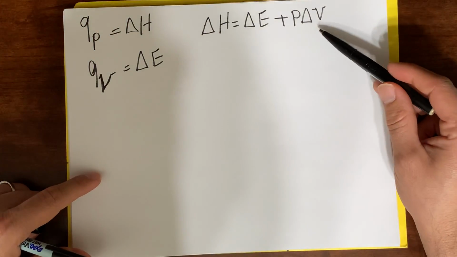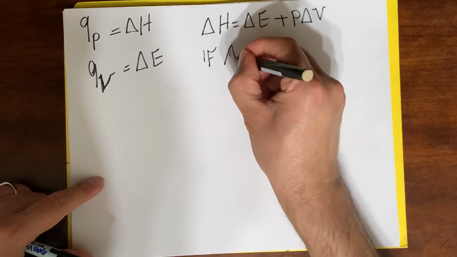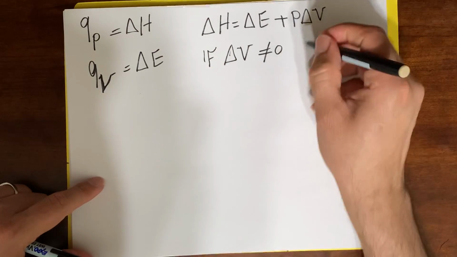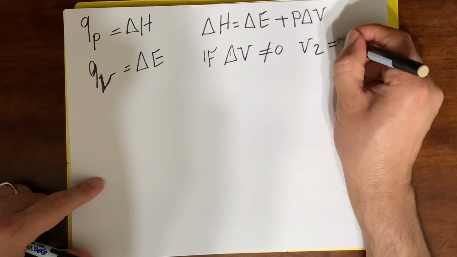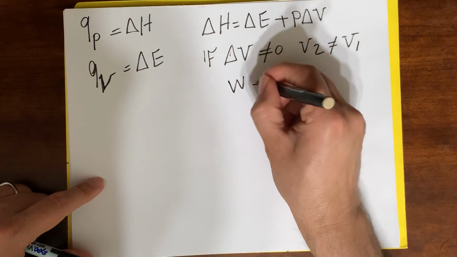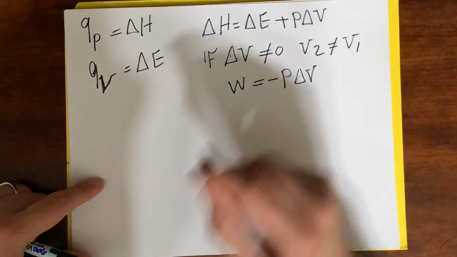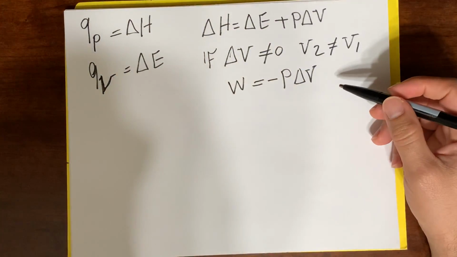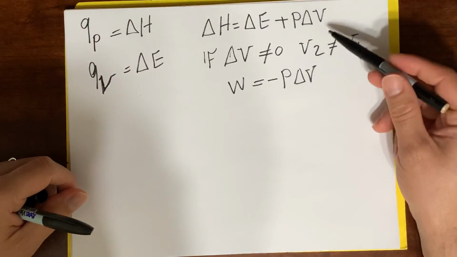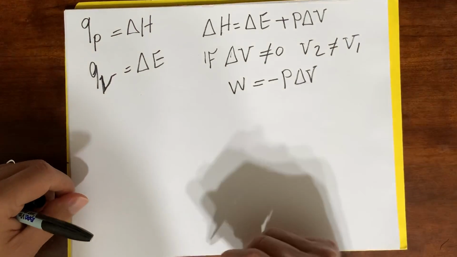And if delta V is not equal to 0, that means V2 is not equal to V1, then we have work. Work is equal to minus P delta V. So sometimes when we are spending heat or getting heat, that heat can be used to do work.